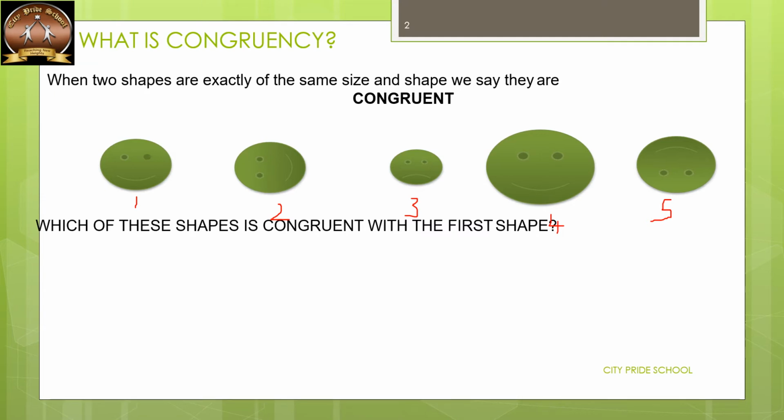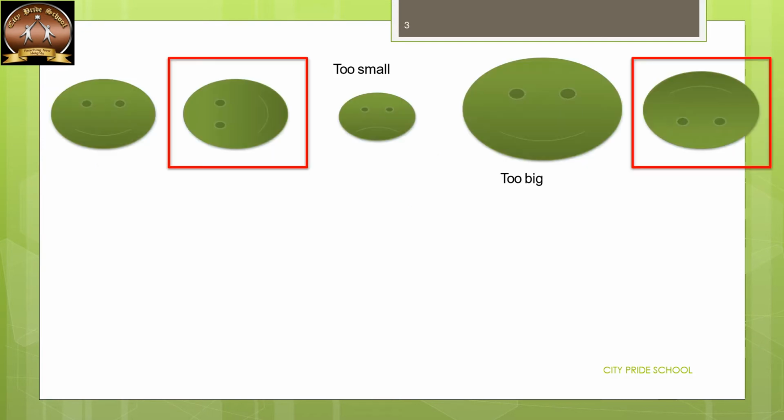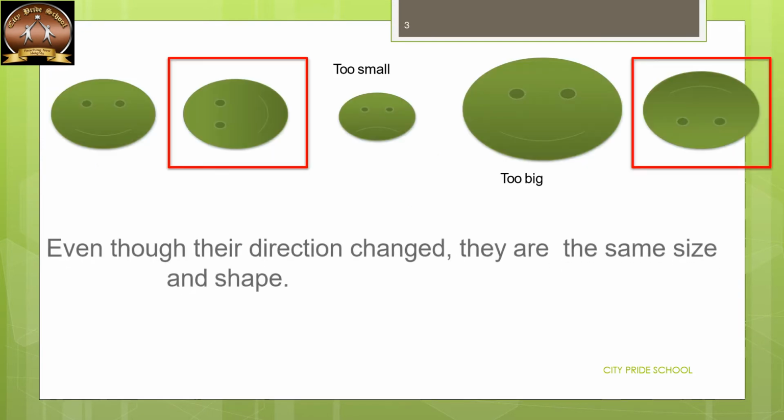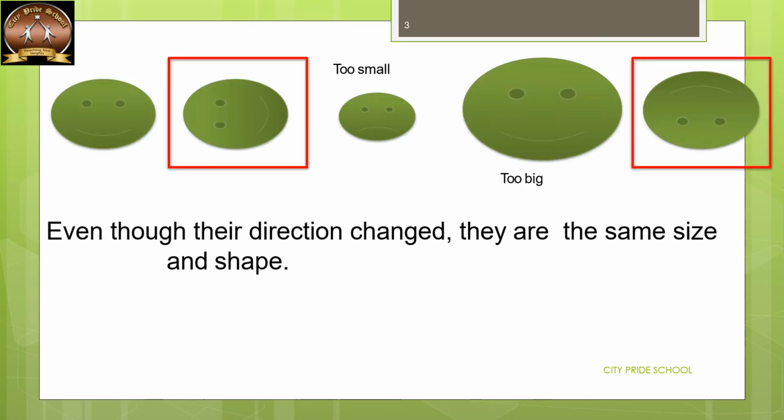So I can say that figures 2 and 5 are congruent to figure 1. In other words, if I cut figure 2 and place it on figure 1, or if I cut figure 5 and place it on figure 1, then they will exactly coincide with each other.